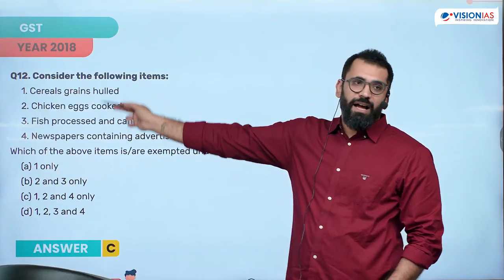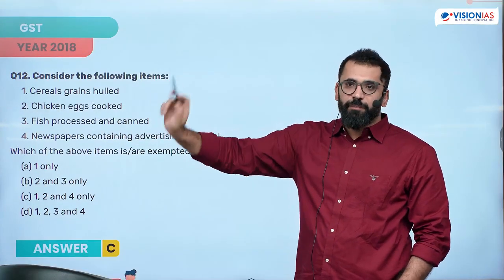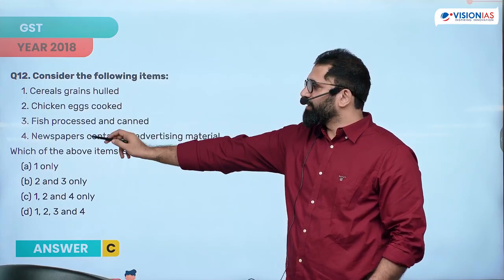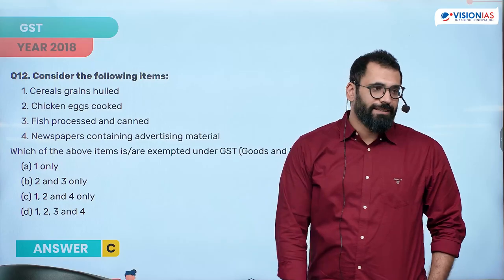These two are raw agriculture produce. Raw agriculture produce is exempt from GST. Fish processed and canned is processed, so this has GST. These two and the fourth one were exempt from GST at that time.